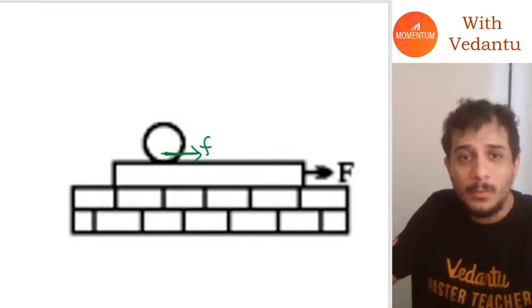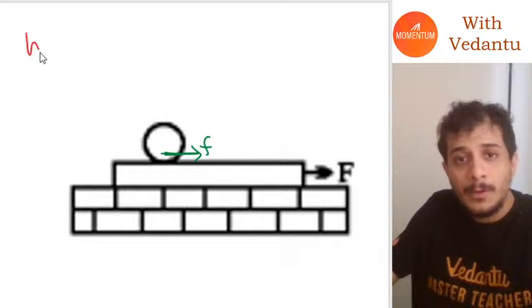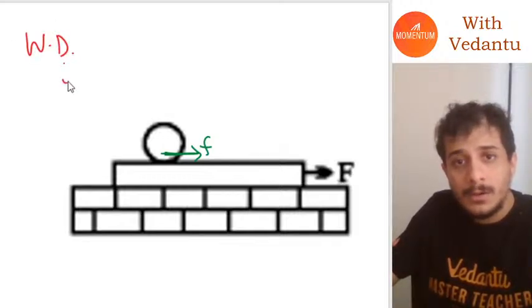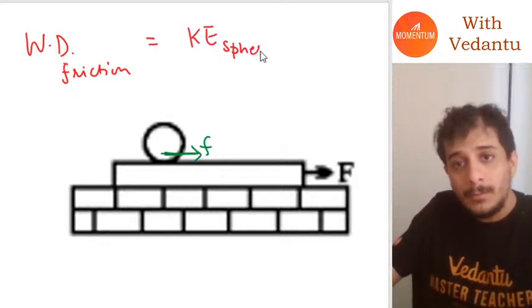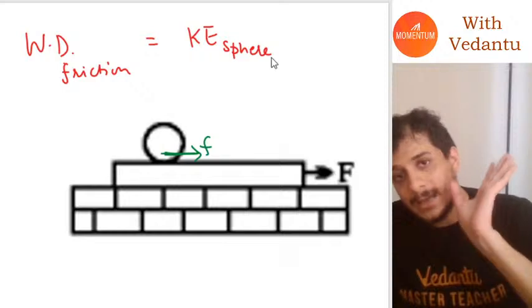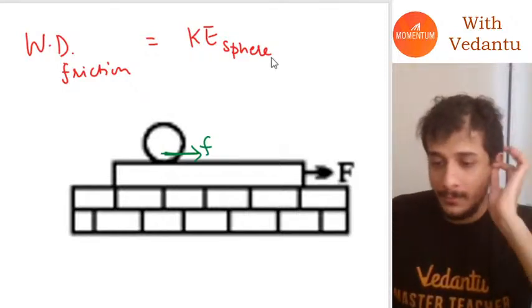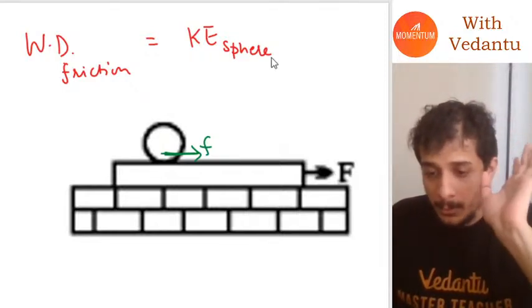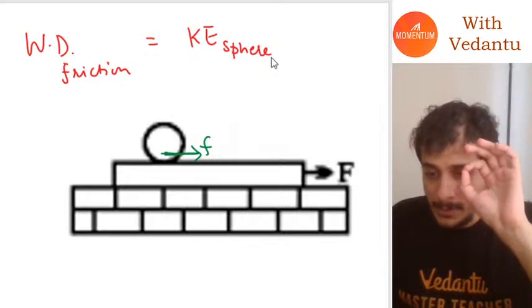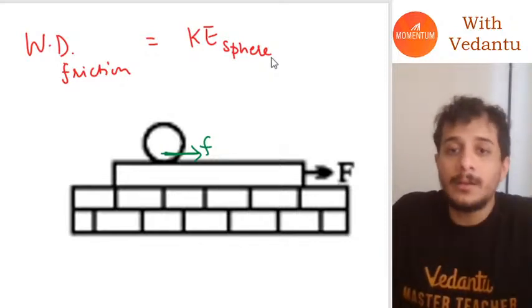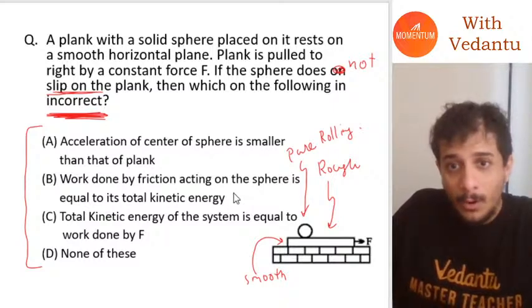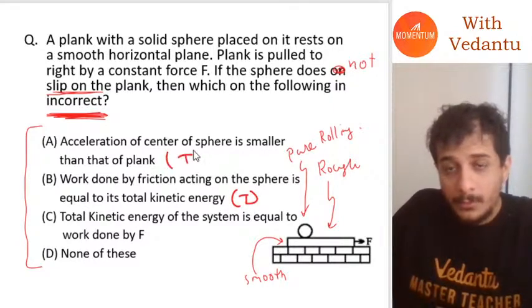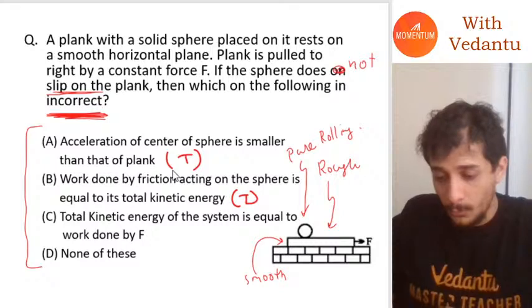So I can very simply say that work done by friction will be the same as the kinetic energy of the sphere. I hope everybody understood. So the second statement is also true. The first statement is true, the second statement is also true.